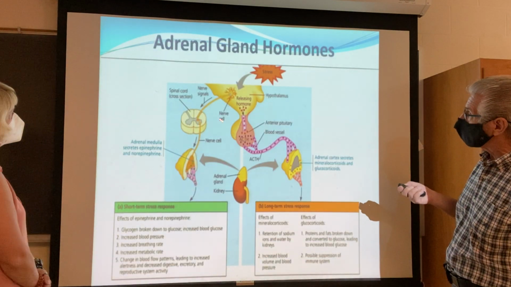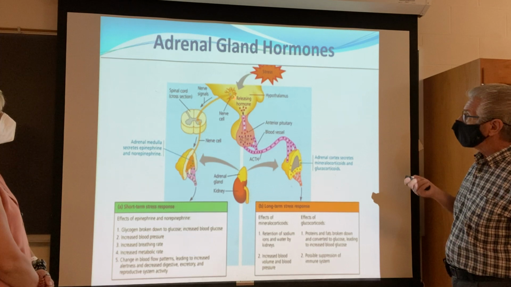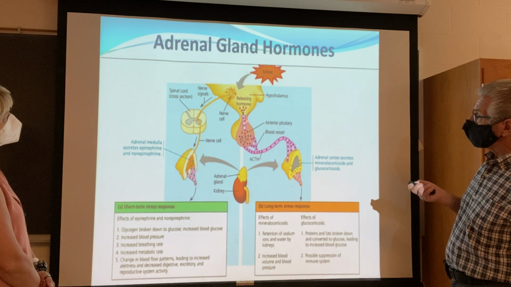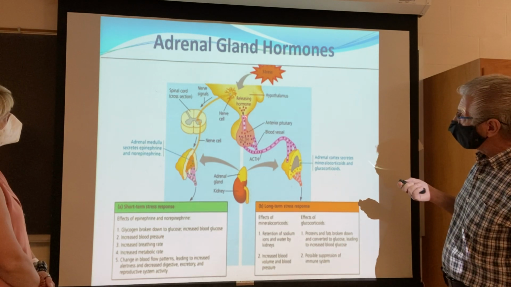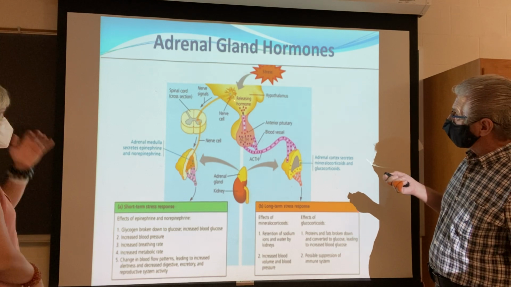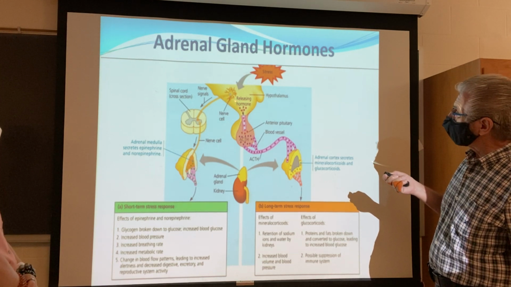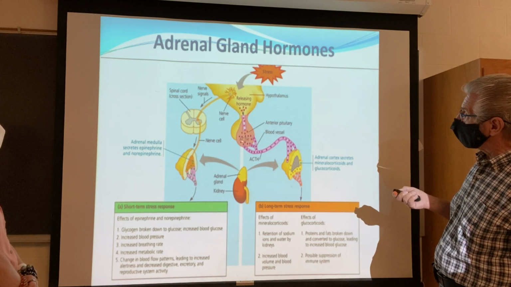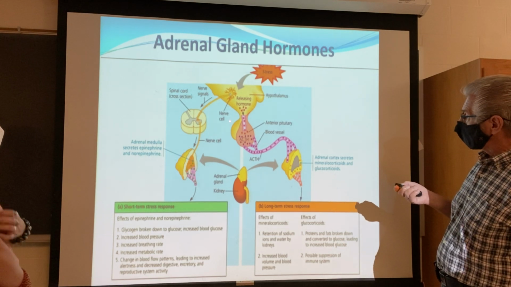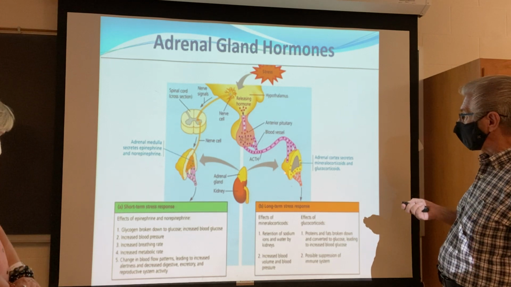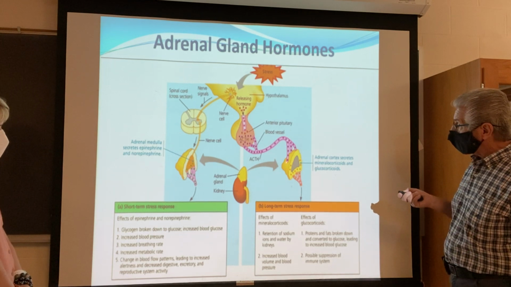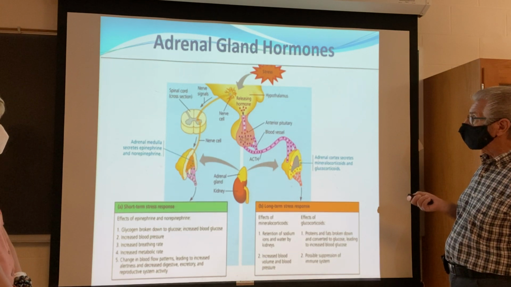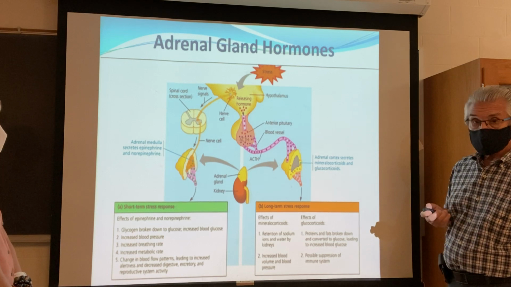And ultimately, what happens is we start releasing the hormones. Okay? Corticotropic releasing hormone stimulates adrenocorticotropic hormone, which will then stimulate the adrenal gland to produce cortisol.